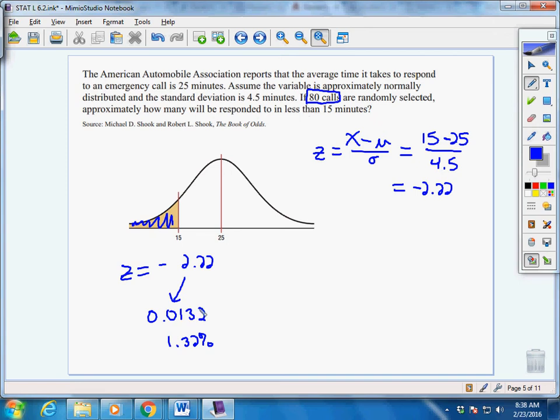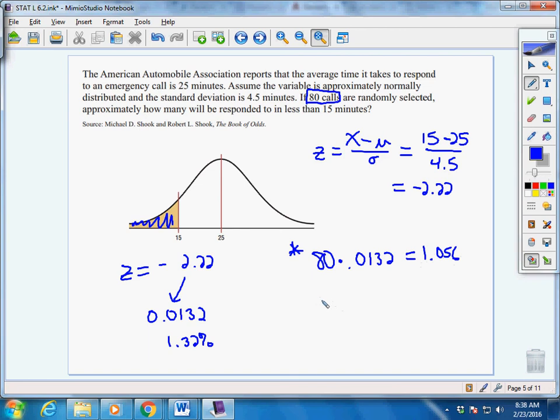Once you have the percentage, though, it's not that hard to figure out. We know about 1.32% are going to be responded to in less than 15 minutes. So if we have 80 of those calls, and we want to know how many are going to be responded to in less than 15 minutes, we know that percent. Again, use the decimal. You just have to multiply these together, and you're going to see that works out to be about 1.056.